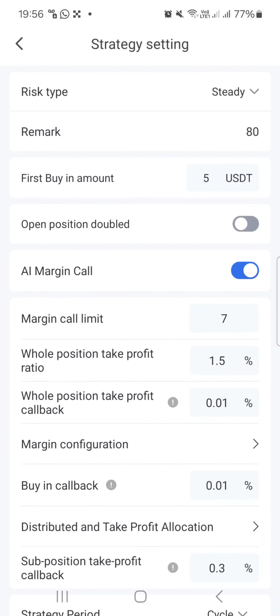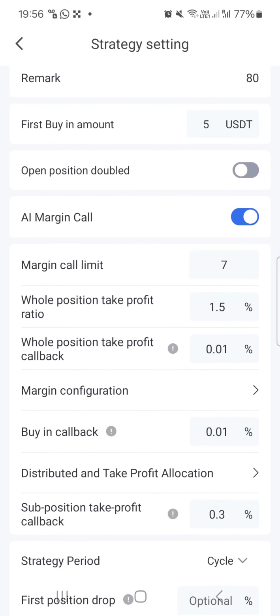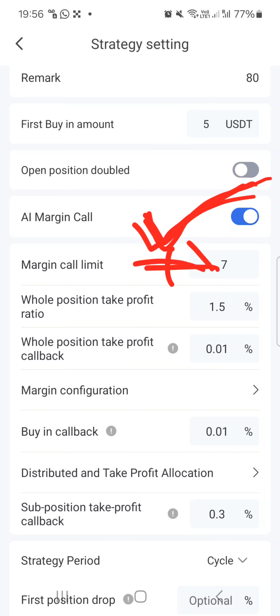Once the robot buys 4 times, the call limit, and puts in your money, you can switch on AI margin call. AI margin call helps your money go into the market slowly, right? So you can switch it on from the start of your trade, or after it buys the 4 times here.